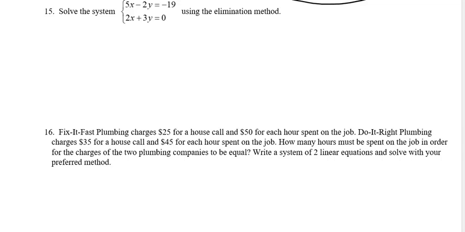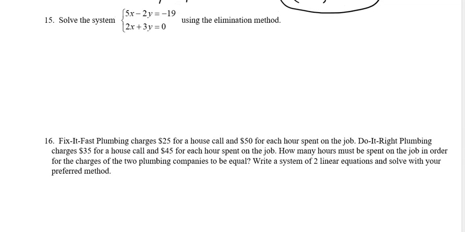Elimination, we're trying to make either x or y cancel. So you could, it really doesn't matter. I'm going to choose to eliminate y. So that means I'm going to have to multiply the top equation by 3 to make this become -6y. And then I'll multiply the bottom by 2 to make this become +6y.